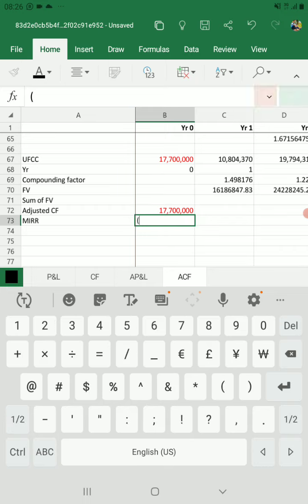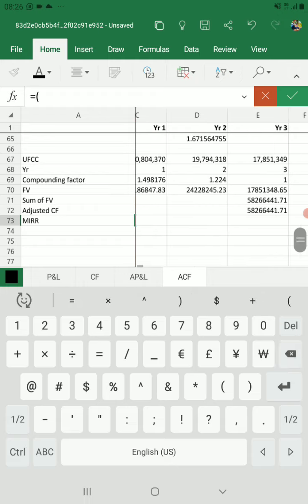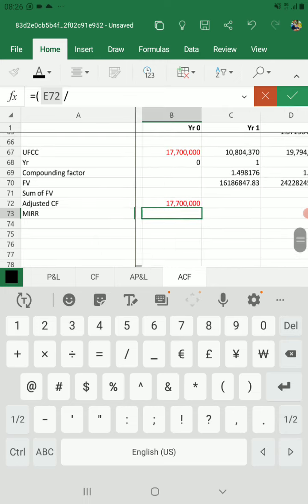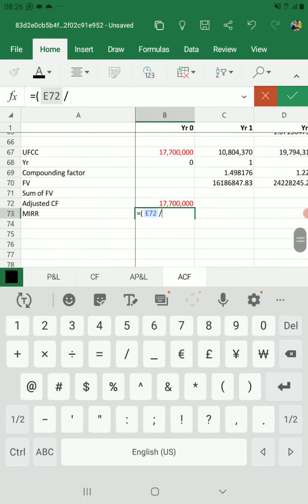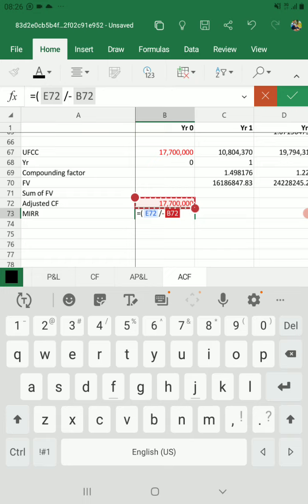start with equal sign, then open the bracket, take the final figure of the cash flow, this one, divide it by the initial cash flow. Because it is negative, let us start with negative number and pick here to turn it to positive.